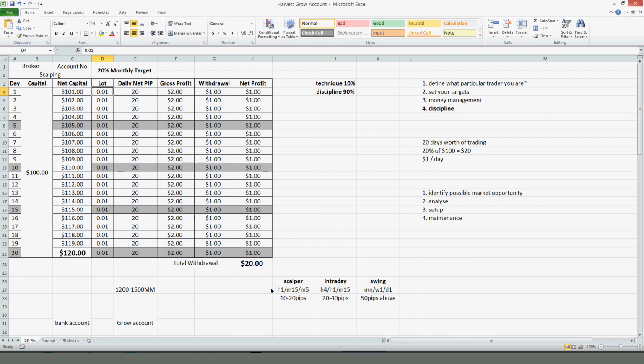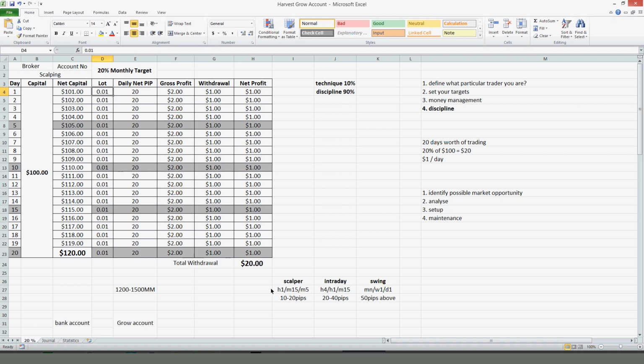What I'm trying to tell you is that you need to make sure that when you trade, you do not put lots that will jeopardize your money. Okay, so you only trade with smaller amounts to make sure that you have smaller loss and the risk is not as big as it is.